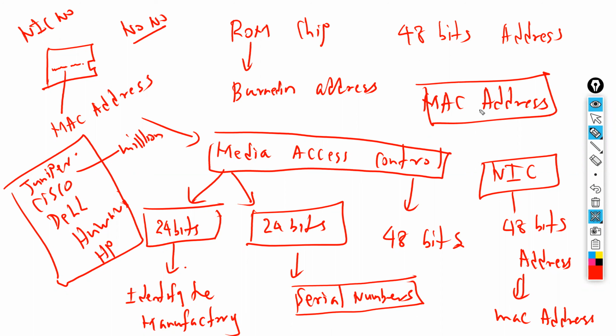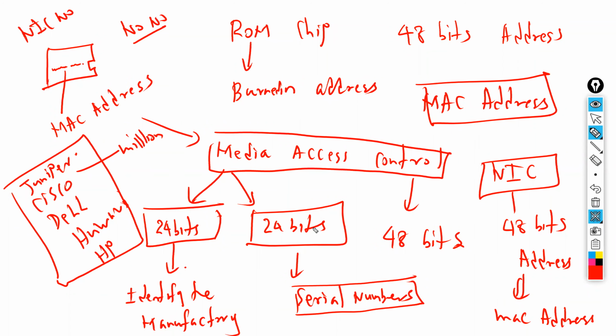What is the purpose? To identify a particular device from the rest of the machines in the network, we have to go with the MAC address. So that is unique. Why am I saying this MAC address has 48 bits? Because it has a format. The first 24 bits say who produced that particular NIC, network interface card.